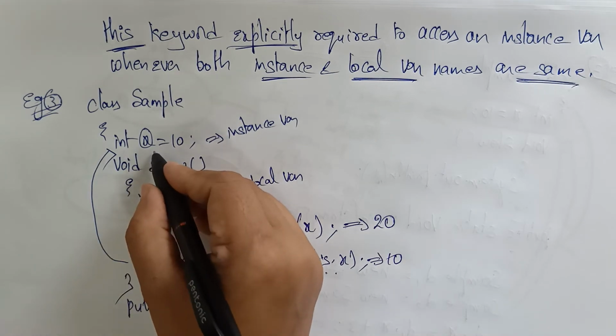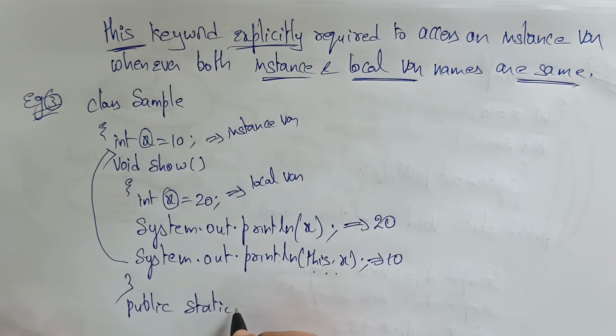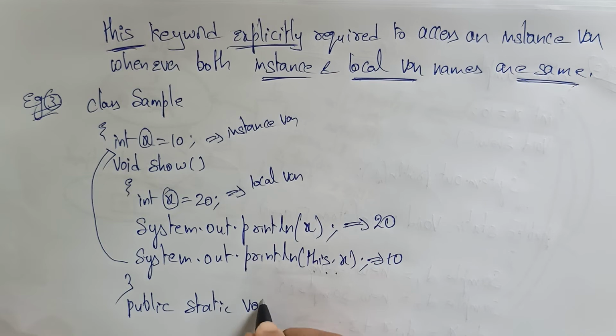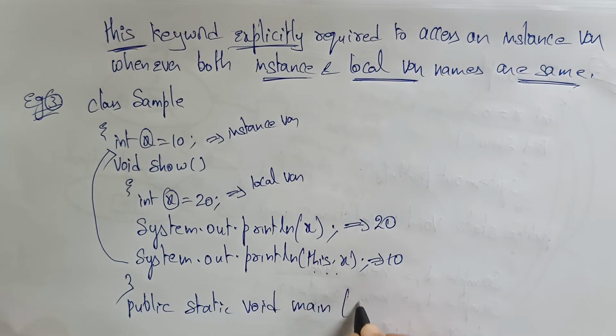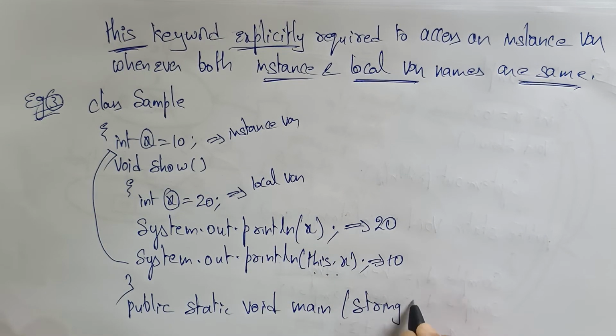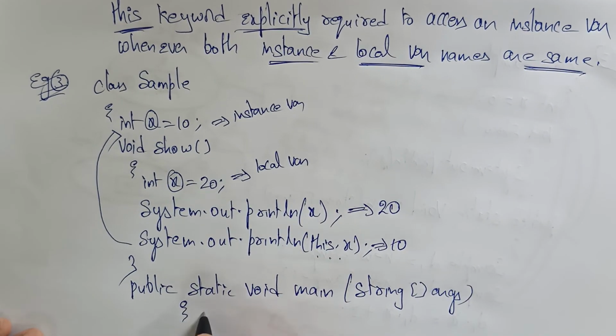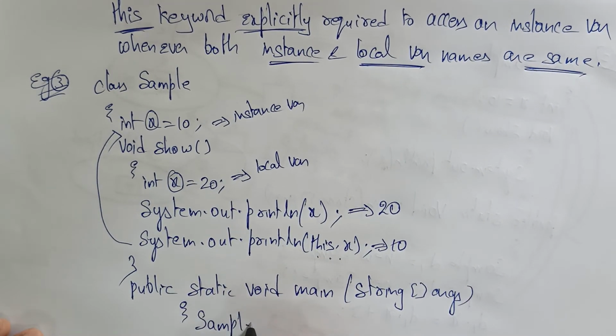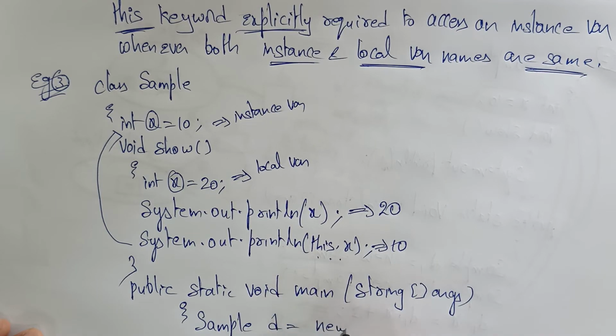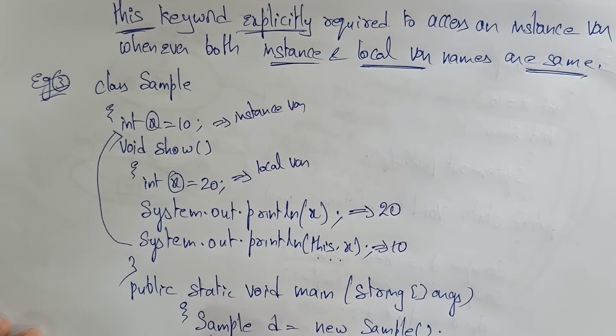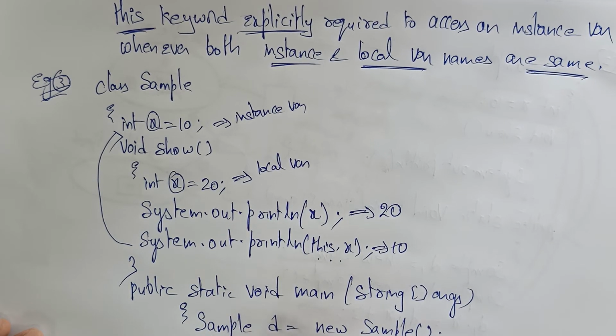So if you want to allocate the memory to the instance variable, first the object has to be created. First create the object, String arguments. Okay, object create, Sample d is equal to new Sample. Now call the function d.show.